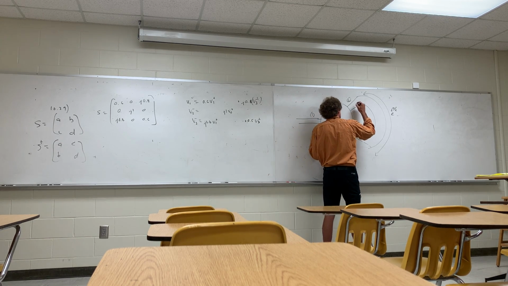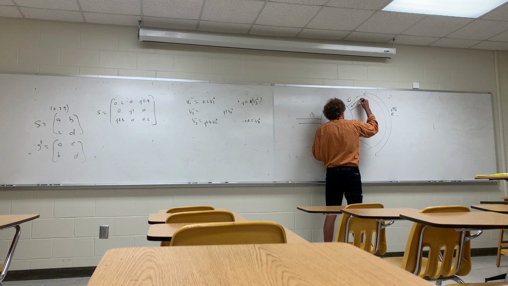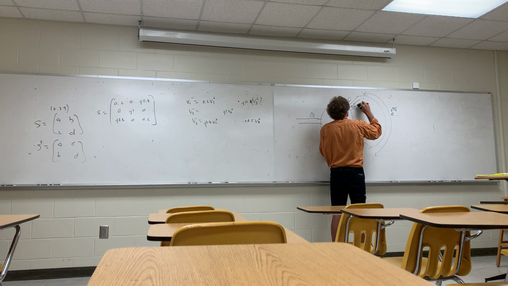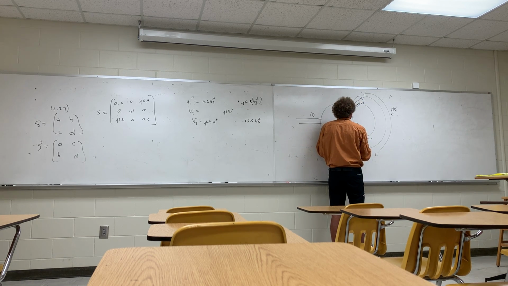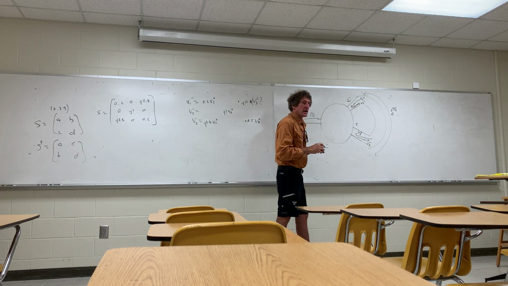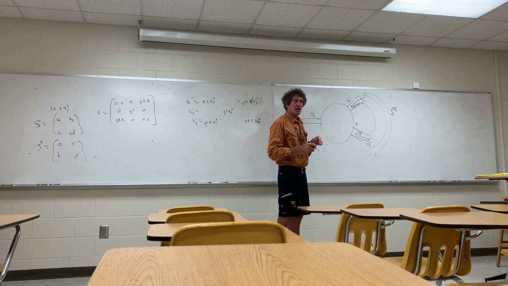Remember, for port 2, you're going to have an incoming waveform here, which is V2 plus, and an outgoing waveform, which is V2 minus. Here, you're going to have incoming V3 plus, and outgoing V3 minus. Y'all follow me? Now you can see what happens next. Now we're going to equate V3 minus to V2 plus.